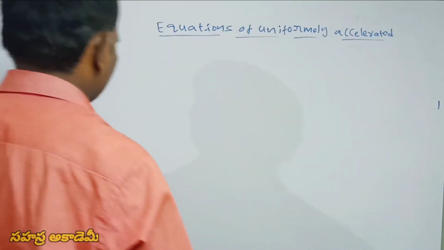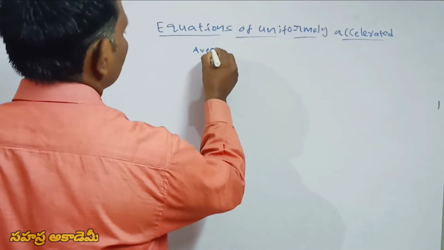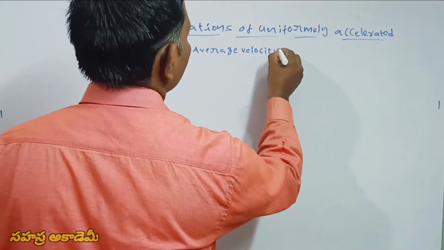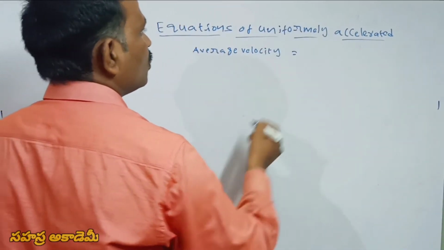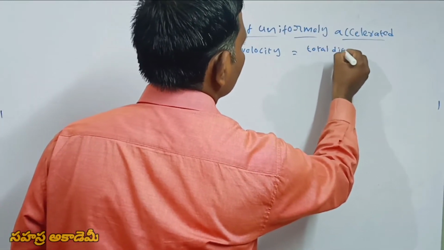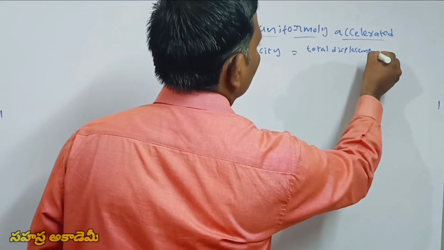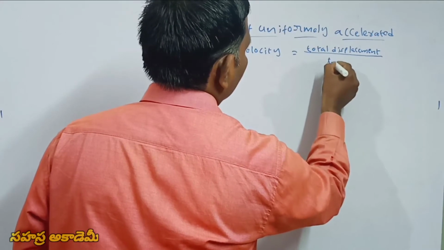Next equation. We know average velocity, from our physics, is nothing but total displacement covered by time taken.